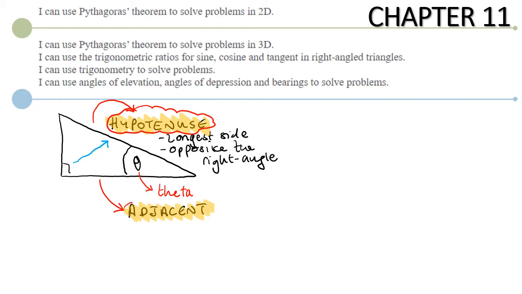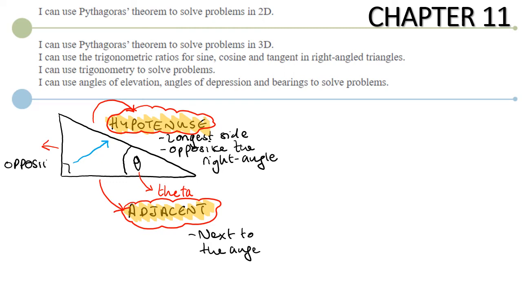So I'll just put down here that this is next to the angle, and that just leaves this side here, and this is the opposite. We call that side the opposite because it is opposite the angle, just like the hypotenuse is the one that's opposite to the right angle. Right, so we know the labeling of the sides.